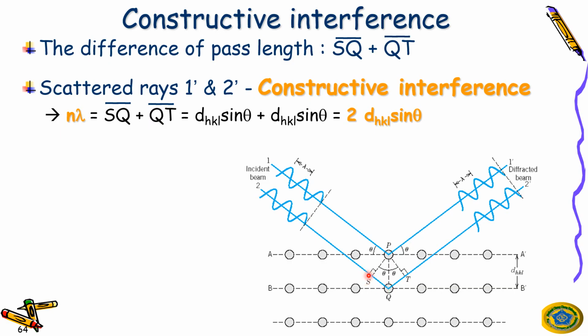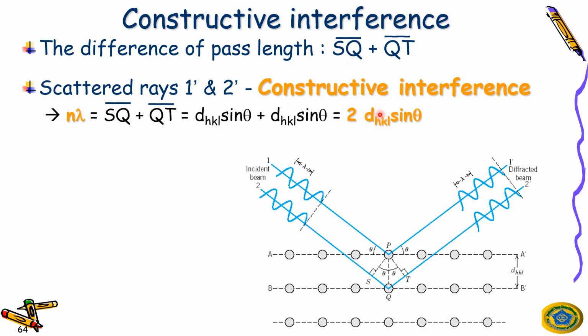And how do you find out the path length of SQ and the path length of QT? Because you have an angle here and you have the d spacing here. So d sine, I'm sorry, d sine, right?